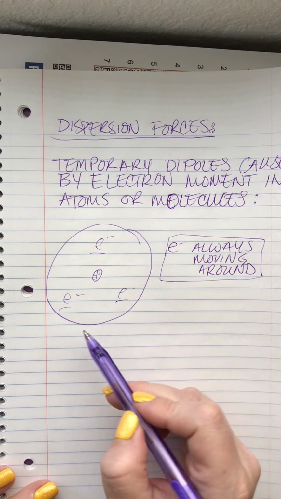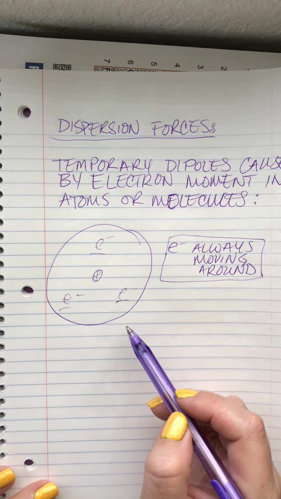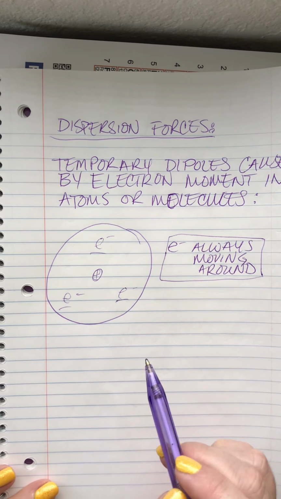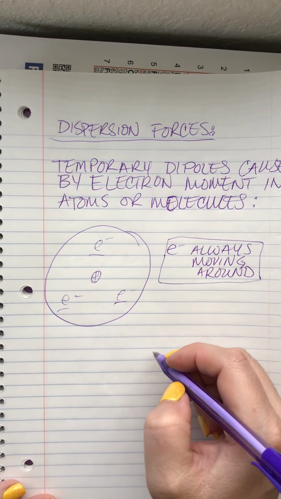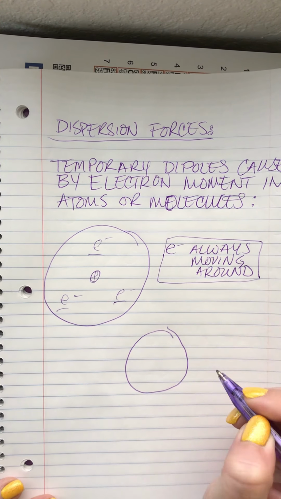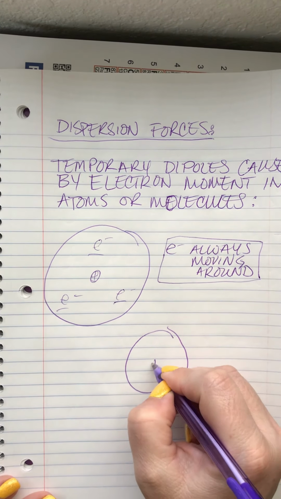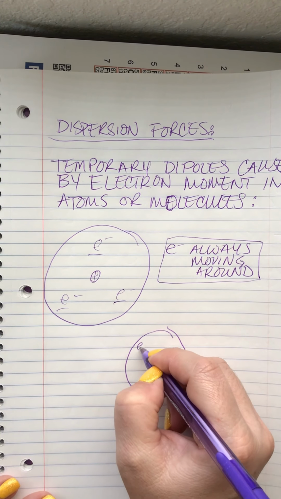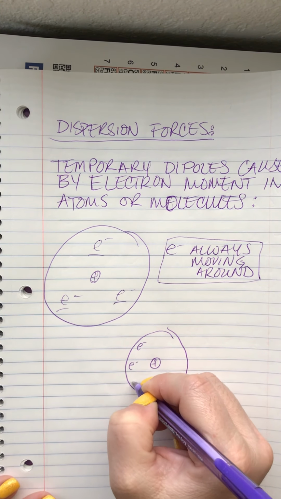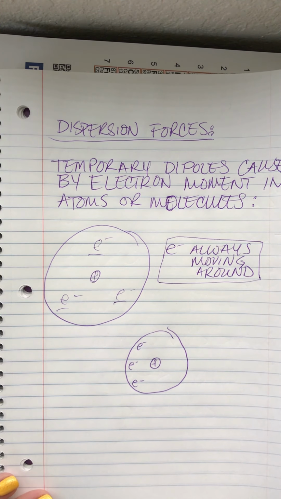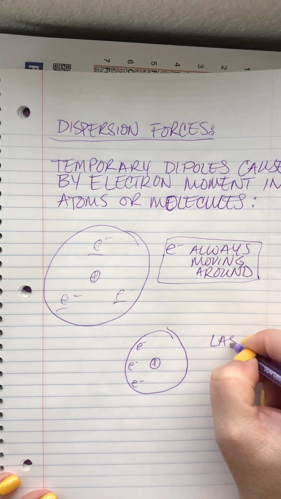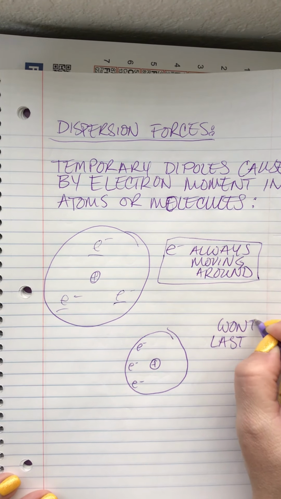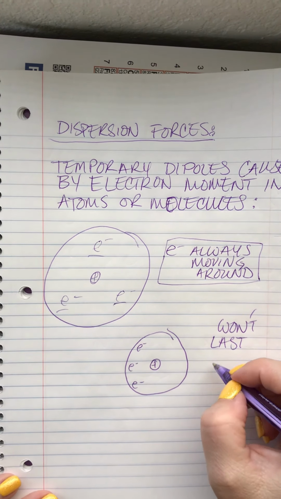So even though they may be happiest in this one configuration, and they may strive to always have that separation, it doesn't mean that they always get it. So you can imagine an extreme version where these electrons are in motion and they end up being all on one side of an atom. Now again, this isn't something that will last. It's temporary.